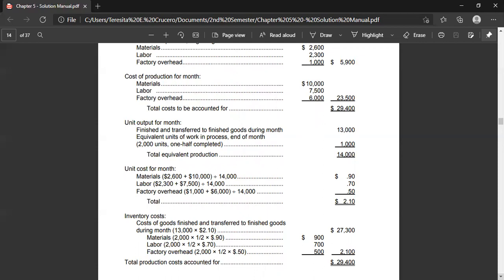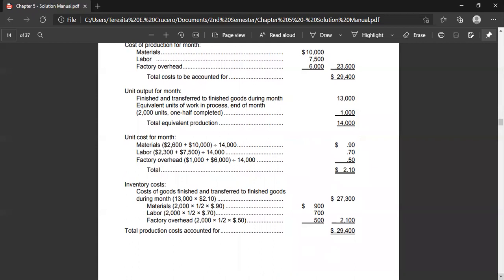Then for labor, it's 2,000 times one half times 0.70. And last is for 50 cents. So we have now the total cost of the work in process at the end of 2,100. Then we add it to the cost of the finished goods. Total cost to be accounted for is now equal to the total cost accounted for.